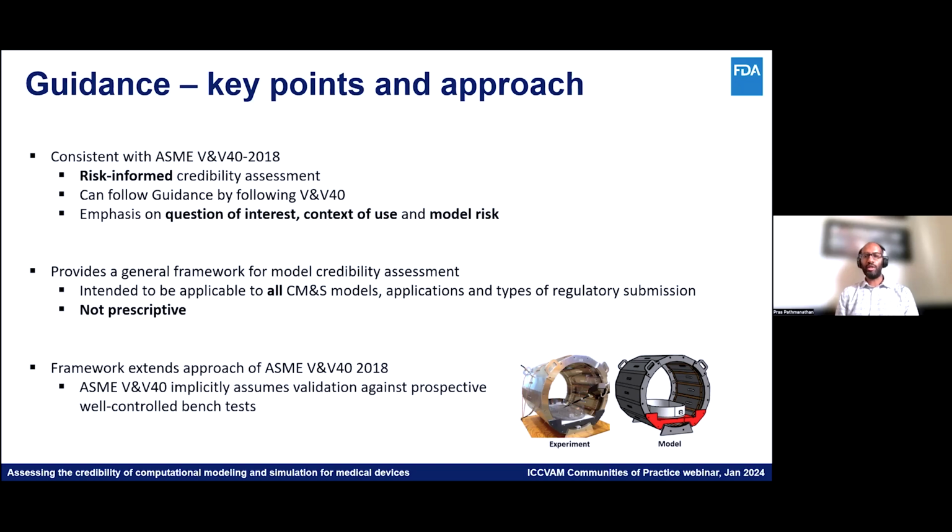But why do we need to extend BMB 40? Well, the reason is that BMB 40, when it was written, really focused on the case of manufacturers generating a model and then validating that model against bench test data using prospective, well-controlled experiments, such as in this case.